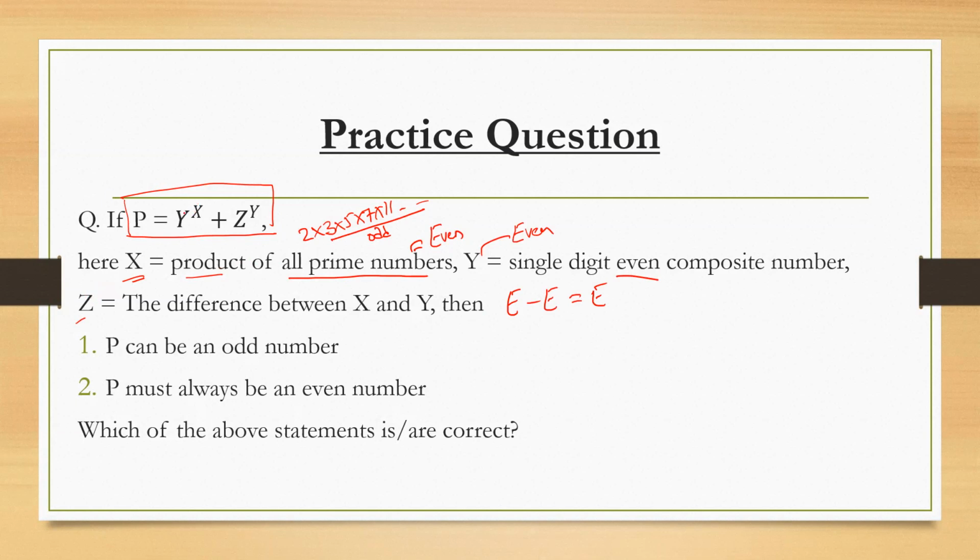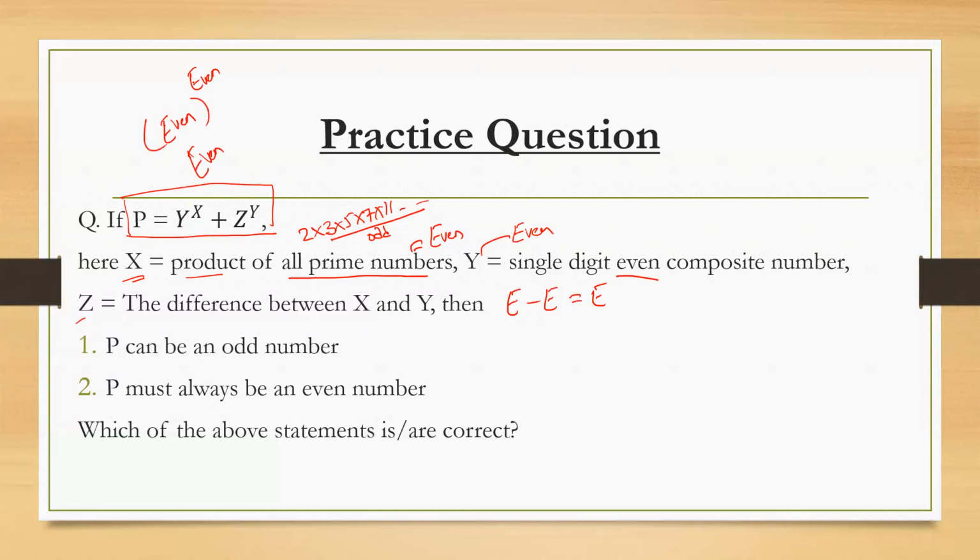Now consider here, y is an even number to the power of x, another even number. If we are taking any even number to the power of even, what happens? Take any example, 2 to the power 2, 4 to the power. What will happen to this expression? This entire expression is even. Till here, everyone is clear, right?